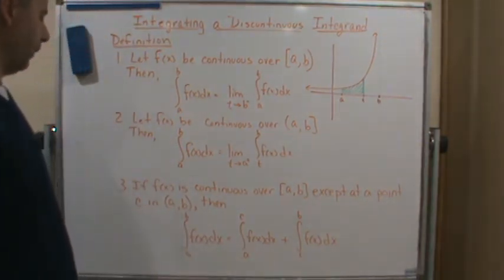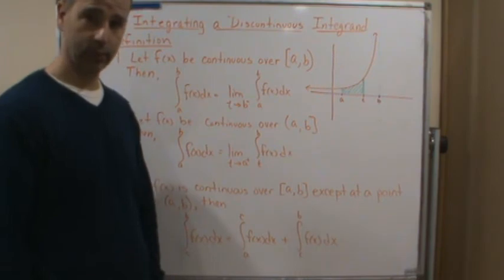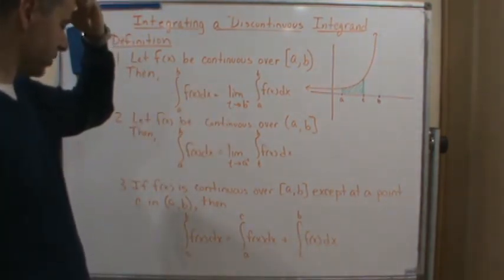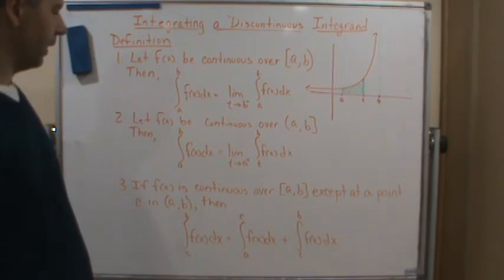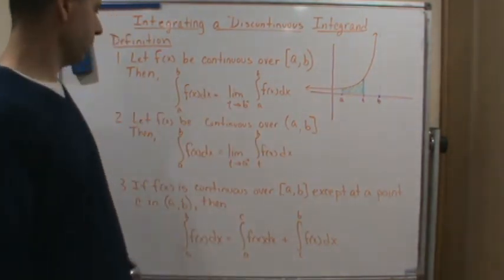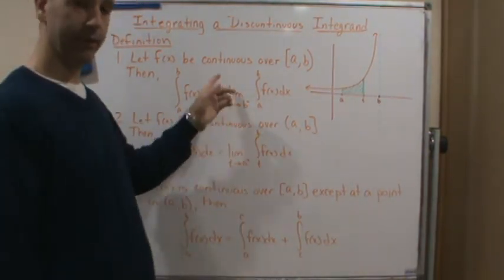Now, this also assumes that these limits exist, so provided that these limits exist. If the limits do exist, then we would say that these converge. If the limit doesn't exist, then we would say that these diverge.